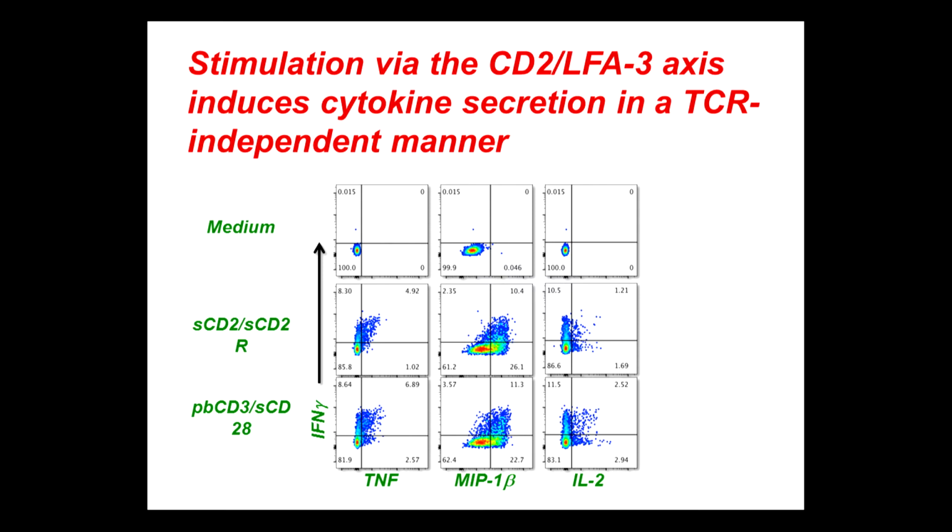So we can stimulate cells via the classical pathway, T-cell receptor stimulation on the bottom here, to express interferon gamma or other cytokines, TNF alpha, MIP1 beta, or interleukin 2. But we can get a similar stimulation pattern when we stimulate via this alternative, the sheep erythrocyte receptor, anti-CD2 stimulation.